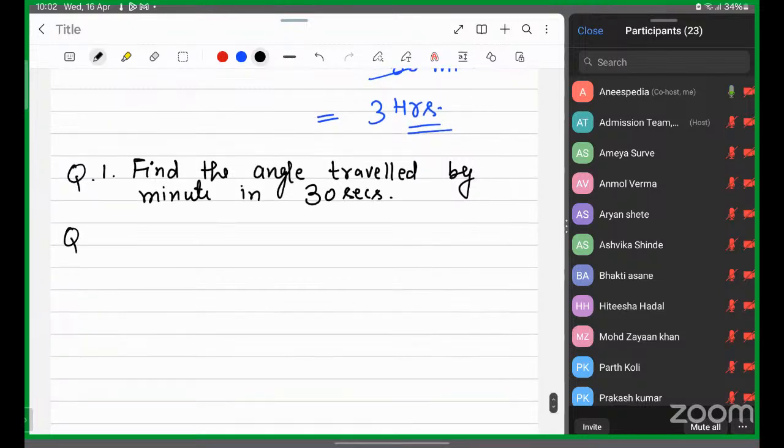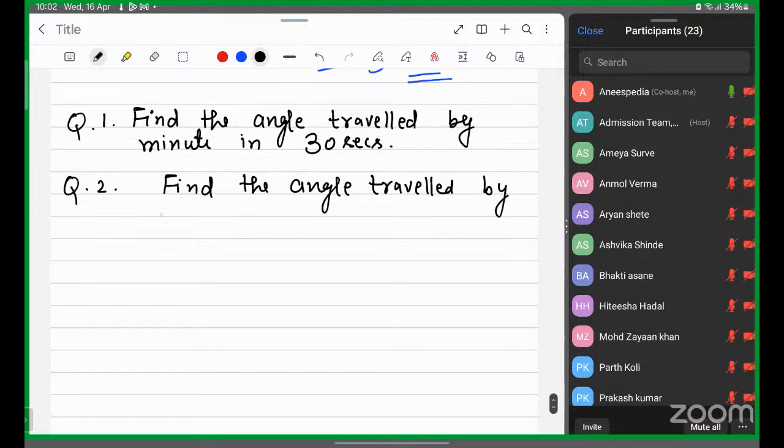Question number 2. Find the angle traveled by the second hand in 15 minutes.